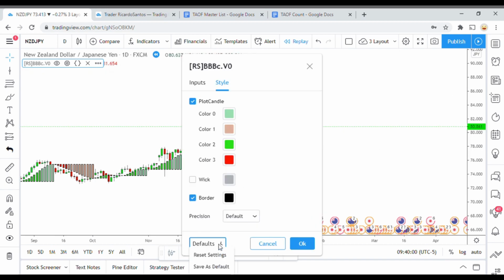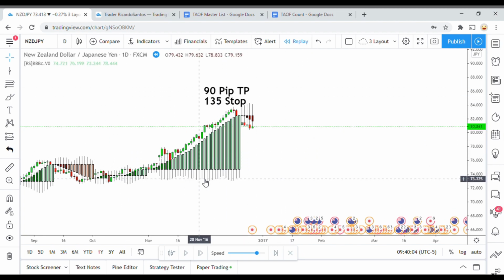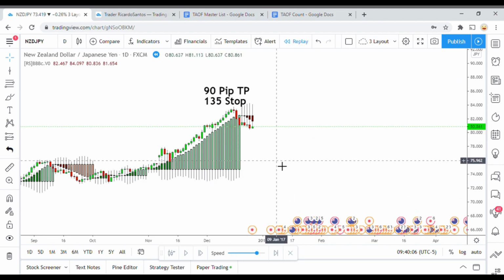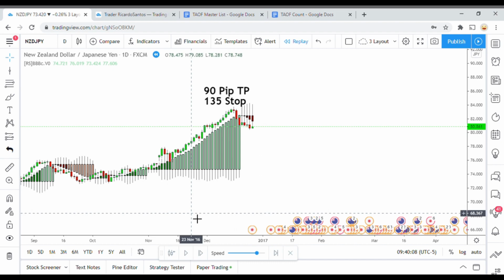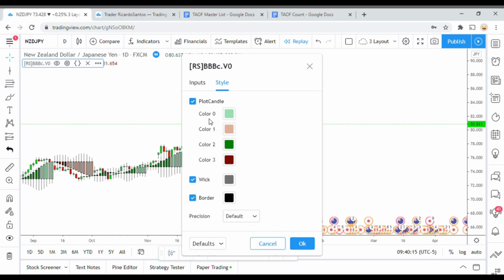Actually, let me reset. So this is what it looks like normally. I went in and I made a few changes to it, as I typically do. Just things to make it a little bit easier to read.